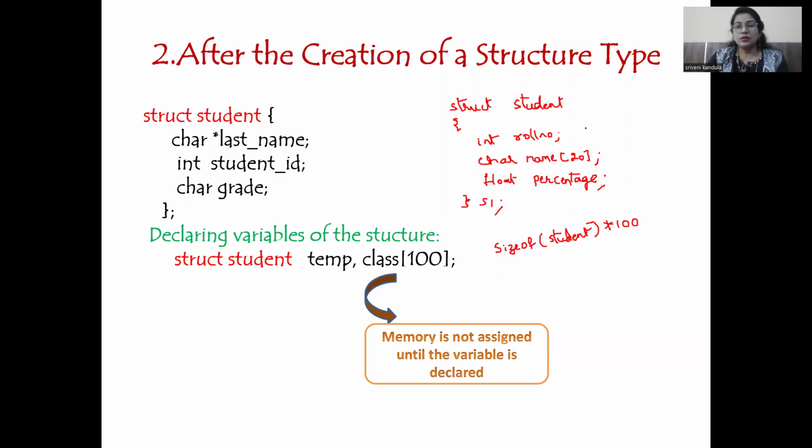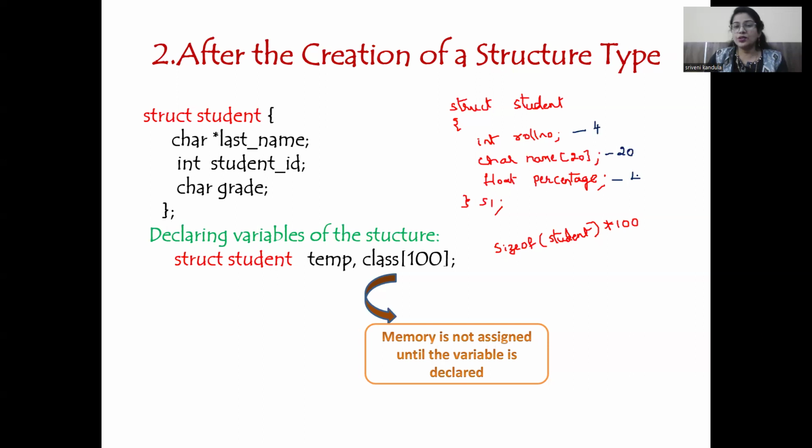Now let us see how much memory is required for this particular structure. Here you can see roll number is an integer. Let us assume 4 bytes is required for an integer variable. So 4 bytes for this variable, and character takes 1 byte of memory. Here I am creating a character array of size 20, so 20 into 1, a total of 20 bytes, and then float percentage.